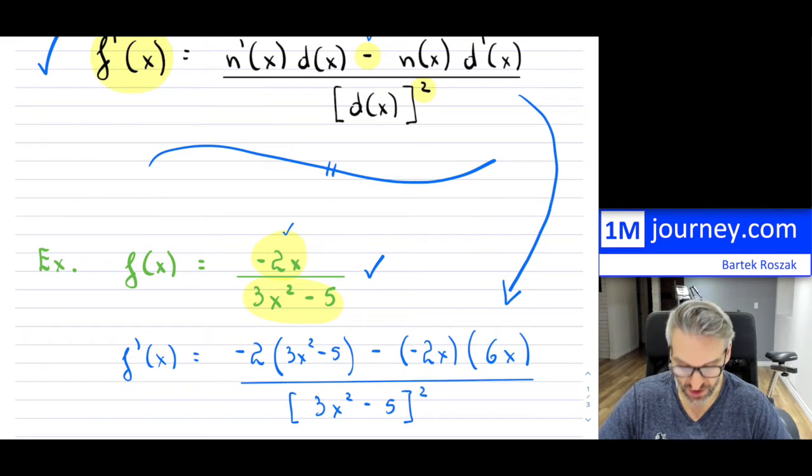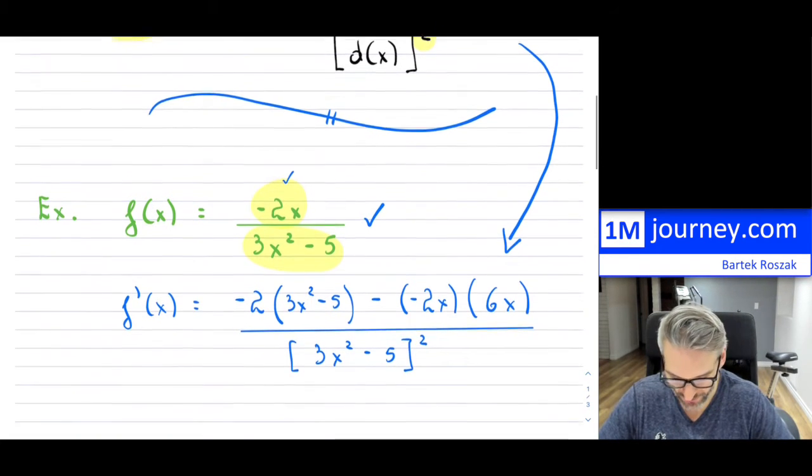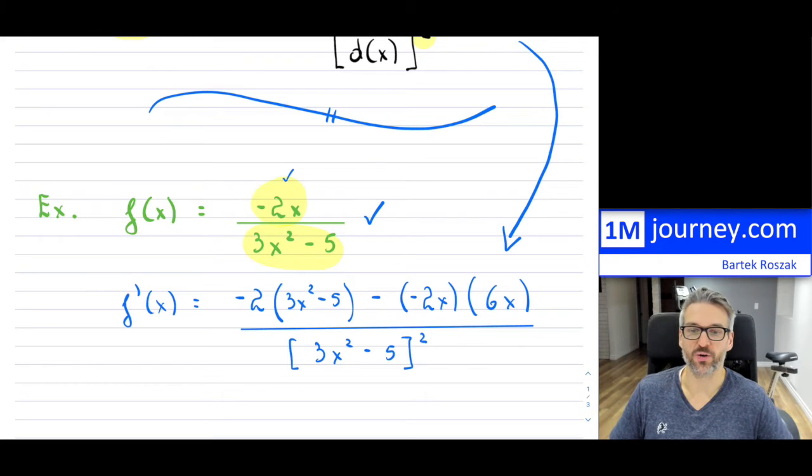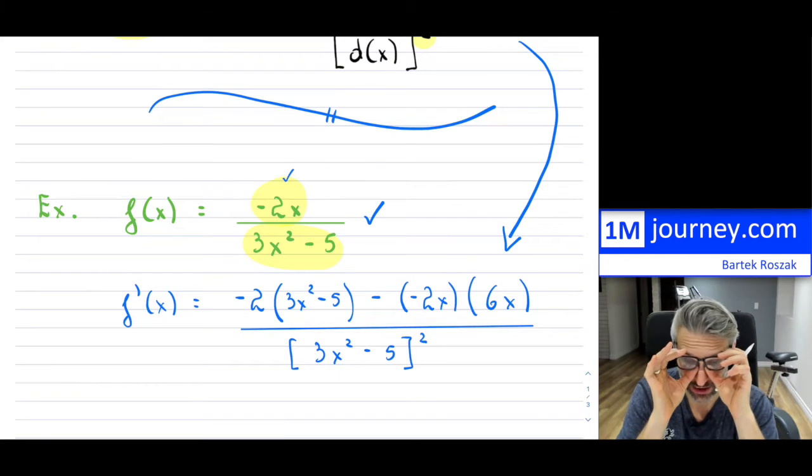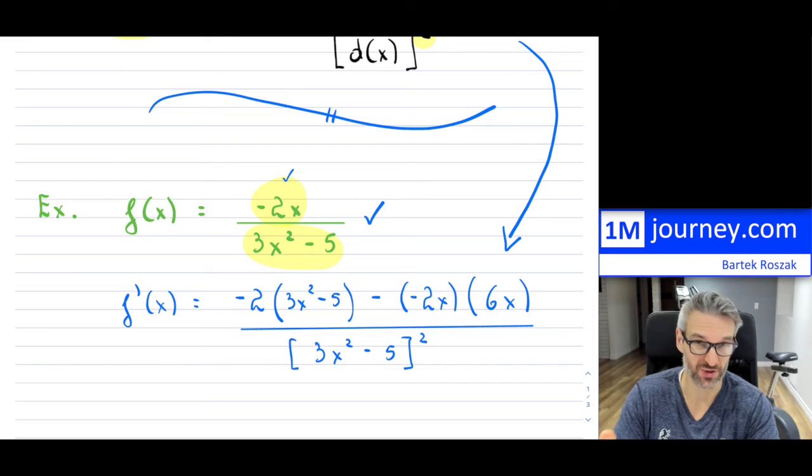Now, you can massage this, you can do whatever you like. As a teacher, I probably tell students most of the time, if I'm just asking them for the derivative, just leave it as is, so that you don't start plugging away, unless you're using the derivative for something else.